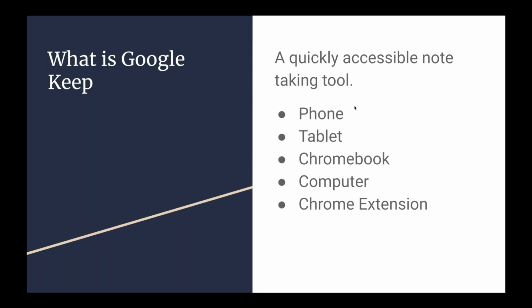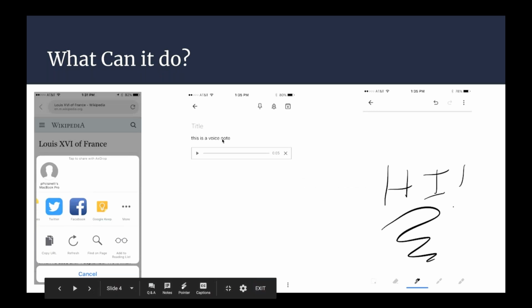You can have it on a phone, on a tablet, on a Chromebook, on a computer, and it can be used as a Chrome extension. When you log in and take a note in any one of these places, it's also accessible from any other of these places. So it's very useful in that way.